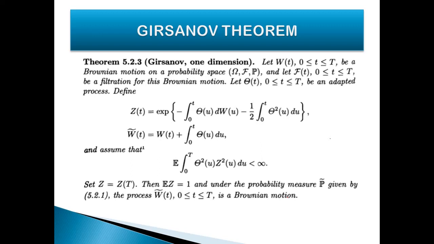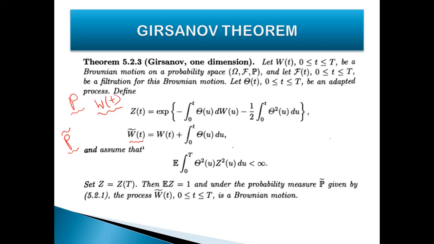It states that suppose there is already a probability measure P, and W_t is a Brownian motion with respect to this P. Now if we have another probability measure P tilde, then we can have a new Brownian motion W tilde_t if we can write it in terms of W_t plus the integral from 0 to t of theta_u du. If we can write it in this form, then W tilde_t is also a Brownian motion with respect to P tilde, the risk neutral measure.